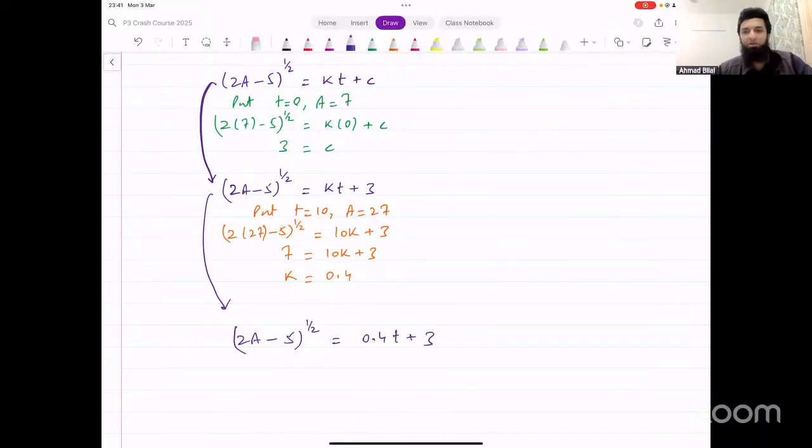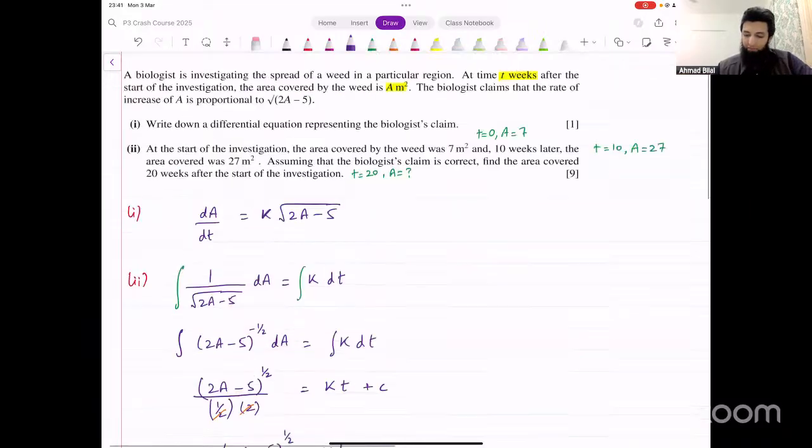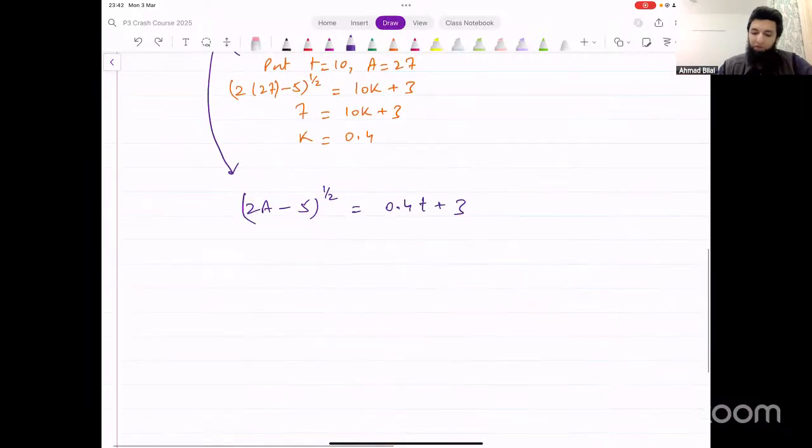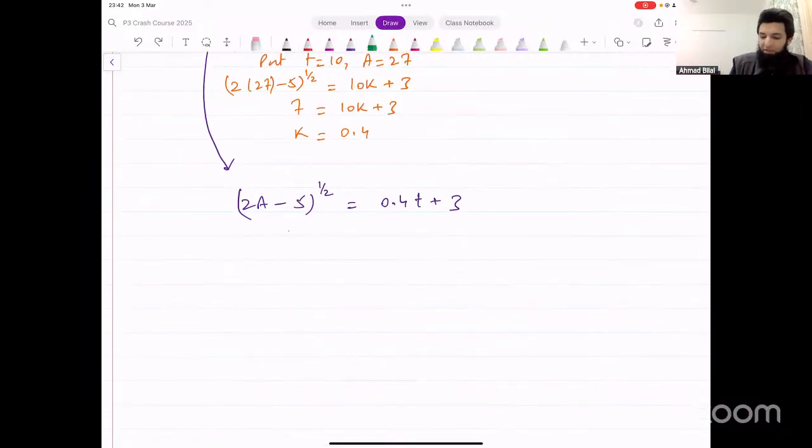That's the equation. We want the value of a when t is equal to 20. Now we can just input t equal to 20 here and see what that gives us. We get (2a minus 5) whole raised to the power 1 over 2 equals 0.4 into 20 plus 3.